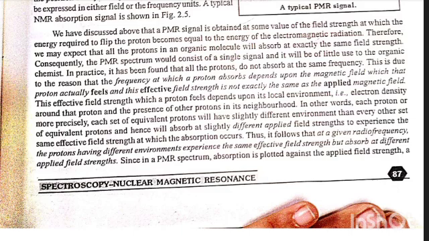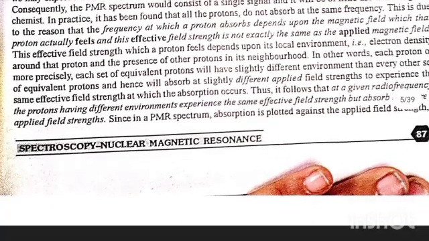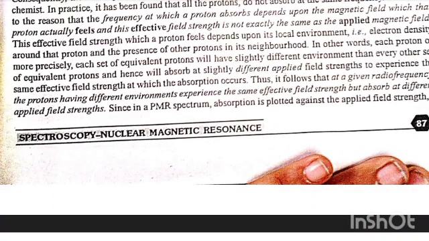In other words, each proton, or more precisely, each set of equivalent protons, will have a slightly different environment than every other set of equivalent protons and hence will absorb at a slightly different applied field strength to experience the same effective field strength at which the absorption occurs.